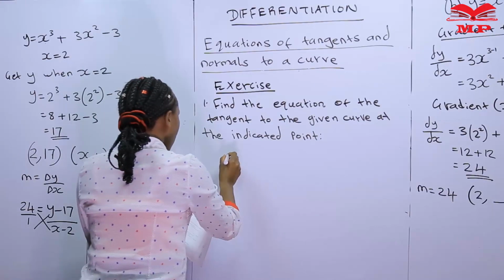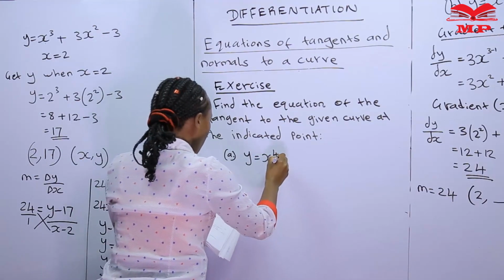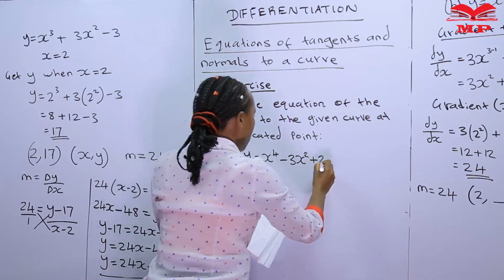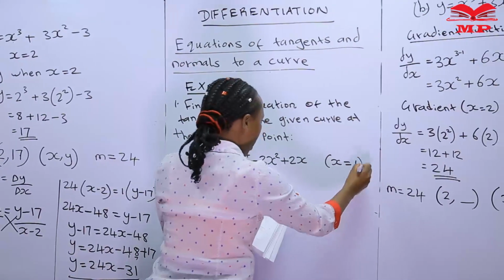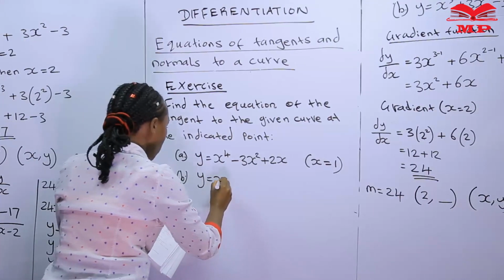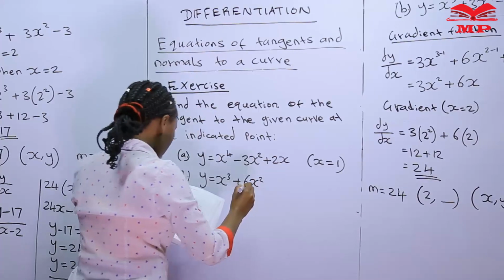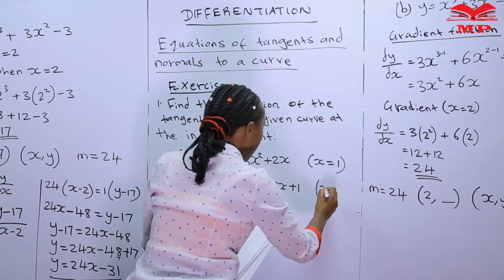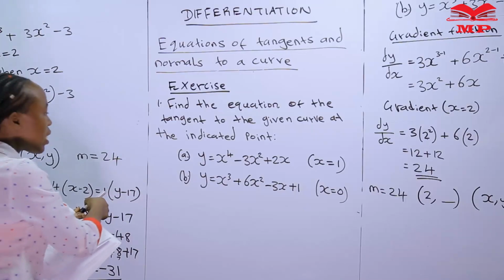So in the first one, A, we have y is equal to x raised to power 4 minus 3x squared plus 2x, and the point is x is equal to 1. Then B, we have y is equal to x cubed plus 6x squared minus 3x plus 1 at the point x is equal to 0. So remember, you have to find the coordinates.